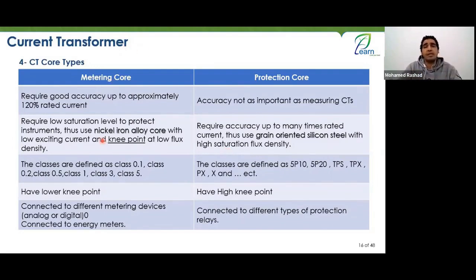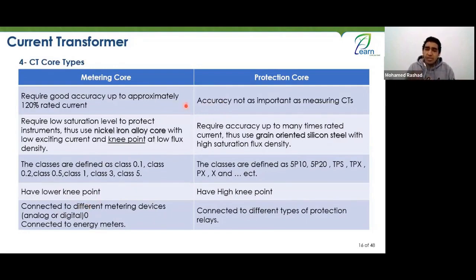Meanwhile, the metering core, for example, is made from something called sabica, which tends to have a low saturation point or reaches saturation at a low magnetic field density. All right, so here you have a high knee point and a low knee point. The high knee point is connected to protection devices, while the low knee point is connected to metering devices, whether analog or digital, as we agreed.